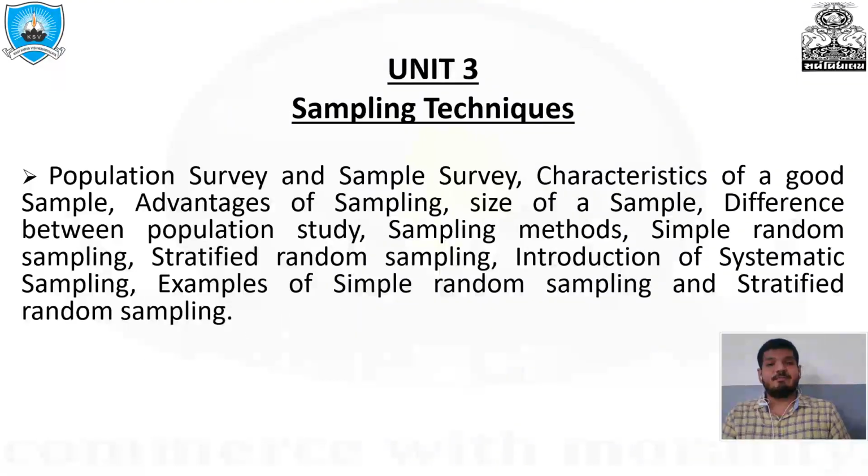So unit 3 is sampling techniques, that is population survey and sample survey, characteristics of a good sample, what are the advantages of sampling, what is the size of the sample, difference between population study, what is sampling methods, introduction of systematic sampling, and examples of simple random sampling as well as stratified random sampling.